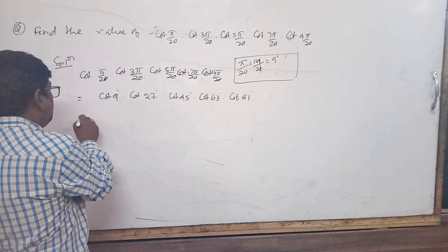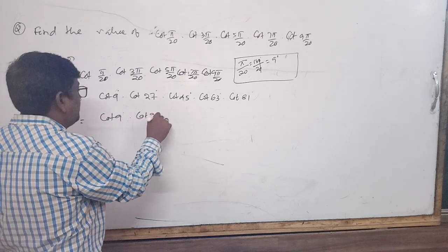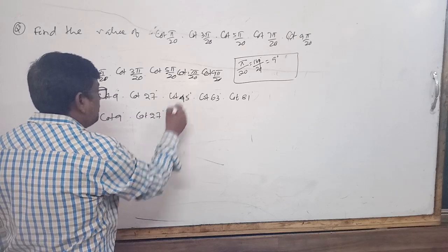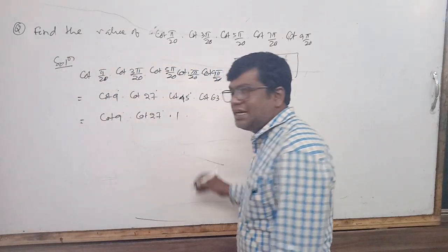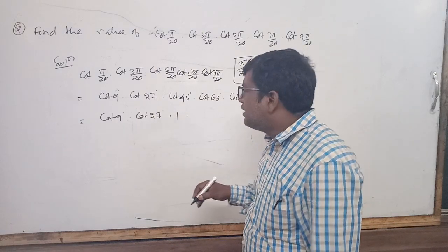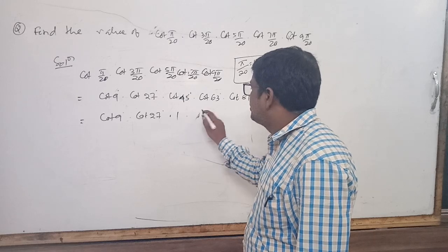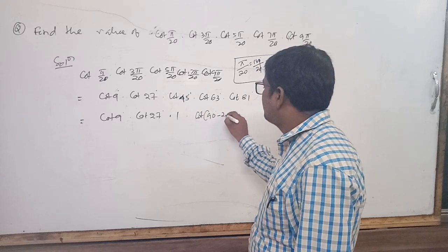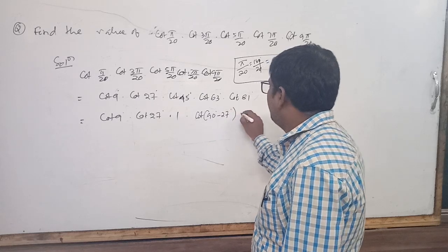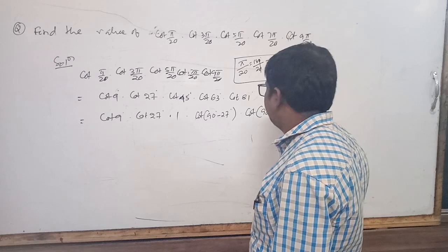Cot 81, cot 9 degrees, and cot 27 degrees. Cot 45 degrees means 1, and for cot 63 we can write 63 as 90 degrees minus 27 degrees, and cot 81 as cot 90 degrees minus 9 degrees.